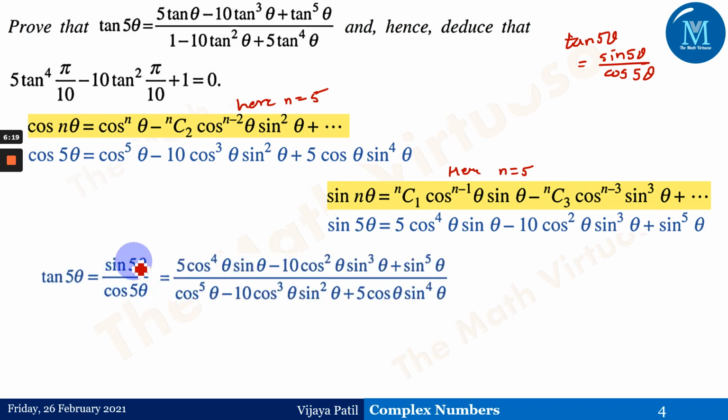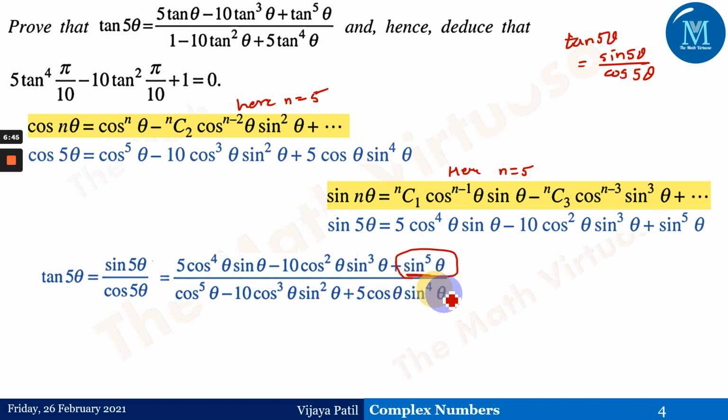Now tan 5 theta is sin 5 theta upon cos of 5 theta. We are just writing these terms here. One thing you have to observe here: we need all the terms in terms of tan. That means we need sin by cos in each and every term, along with the powers. Now, if you observe, there is sin to the power 5 theta present here.